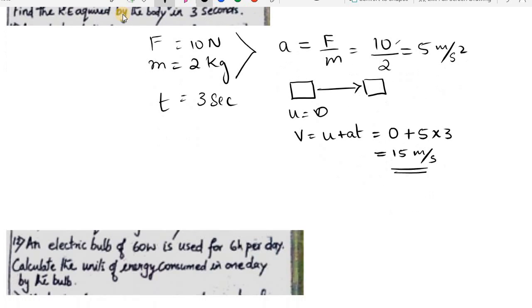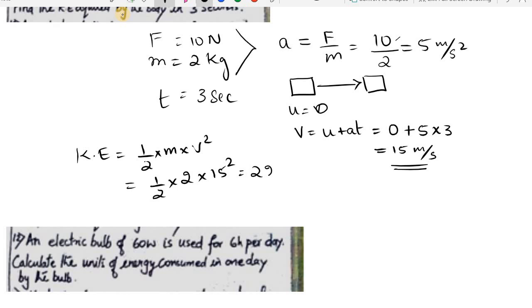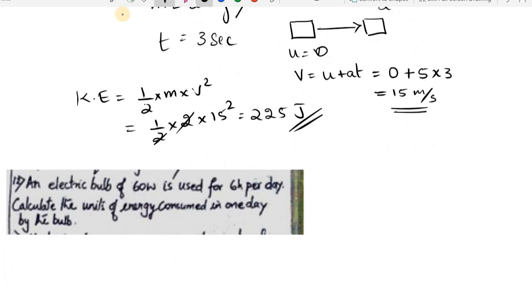Now the kinetic energy: at the end of the third second the velocity is 15 meter per second, and the formula is half into mv squared. Mass is 2, so half into 2 into 15 squared, which is nothing but 225 joules, because the 2 cancels and 15 squared is 225.